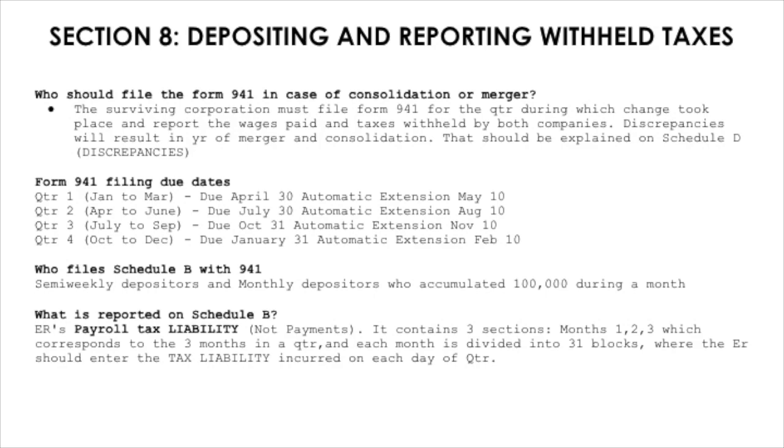So if you're doing quarter 1, it will be January, February, March. If you're doing quarter 2, then those 1, 2, 3 months represent April, May, and June. And each month is divided into 31 blocks where the employer should enter the tax liability incurred each day of the quarter.